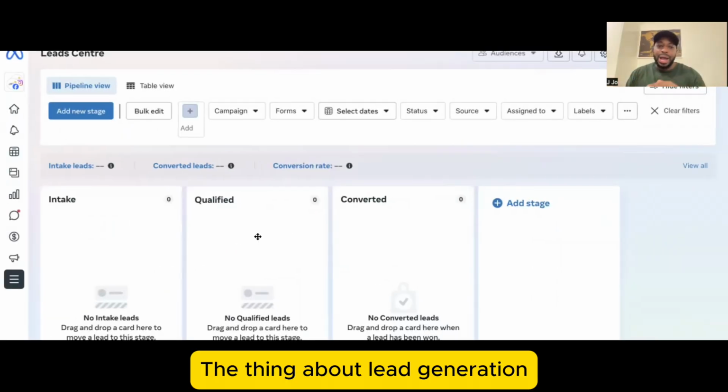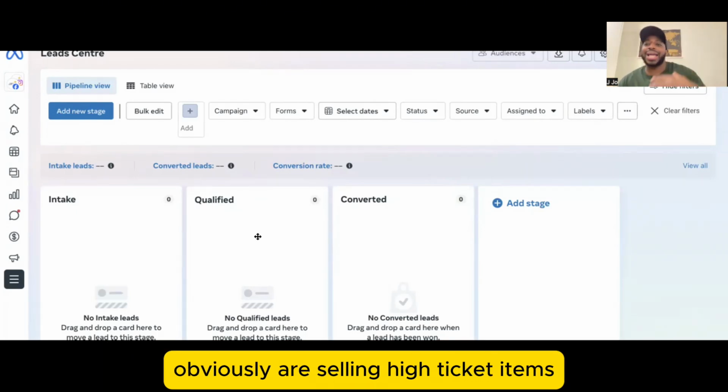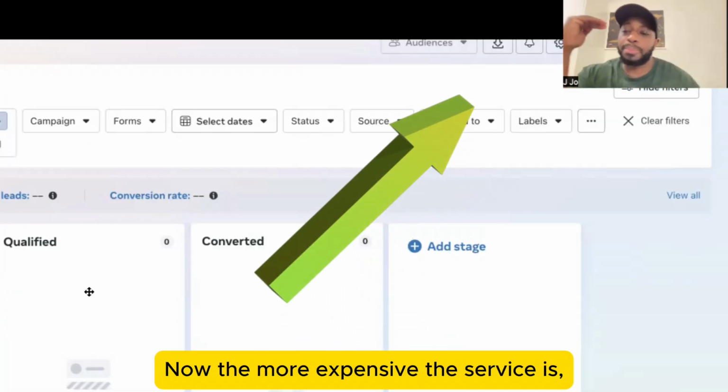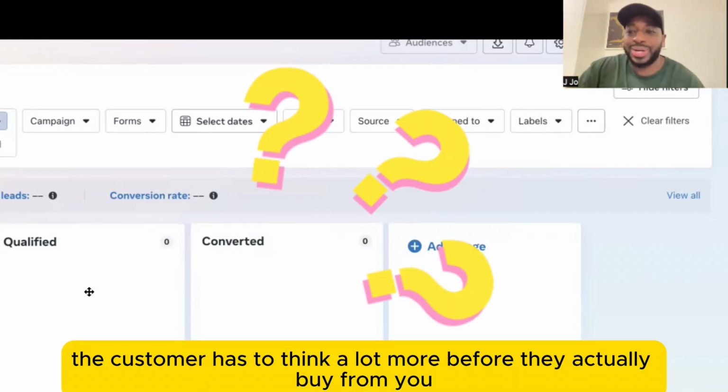The thing about lead generation, and a lot of you running lead generation campaigns are selling high ticket items, expensive items. The more expensive the service is, the more the customer has to think before they buy from you.